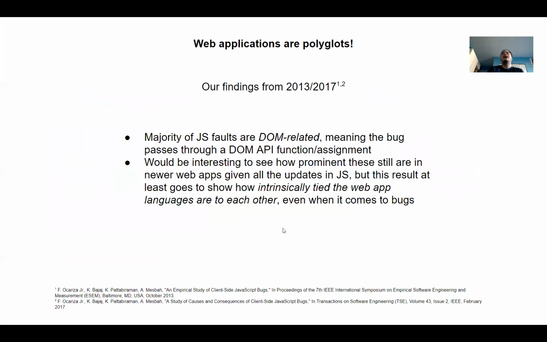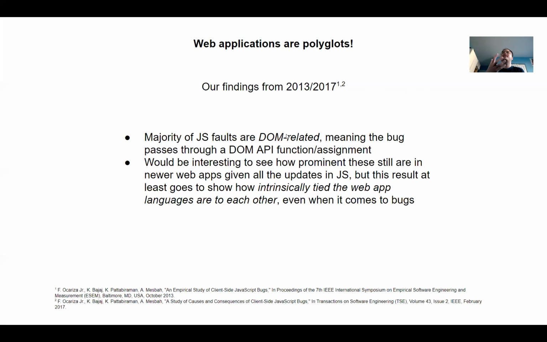Just to hammer this point home a little bit further, back in 2013/2017, we wrote a couple of research papers on this. And one of our findings from that paper is that the majority of JavaScript faults are DOM related. What that basically means is that whatever bug you have in the web application, a lot of the times they pass through DOM API functions.